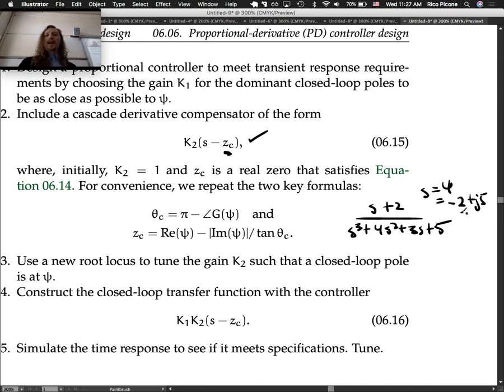You've got to plug that in for S everywhere here. And then you have to simplify this down so that you have a real part and an imaginary part. And then you've got to take the arctangent to find the angle. Okay? And then you've got to take pi and subtract that angle. It's a pretty involved computation.